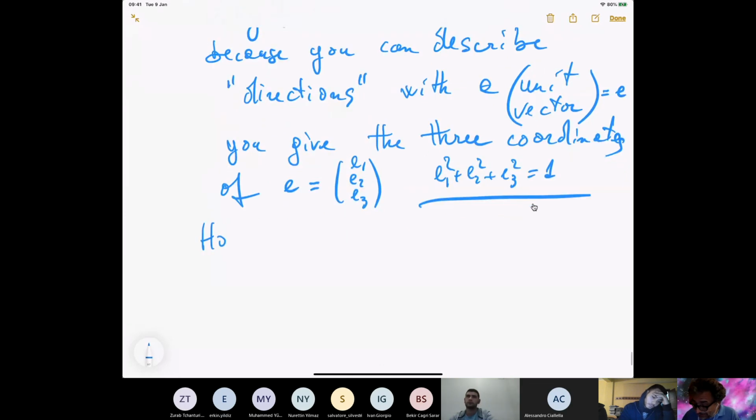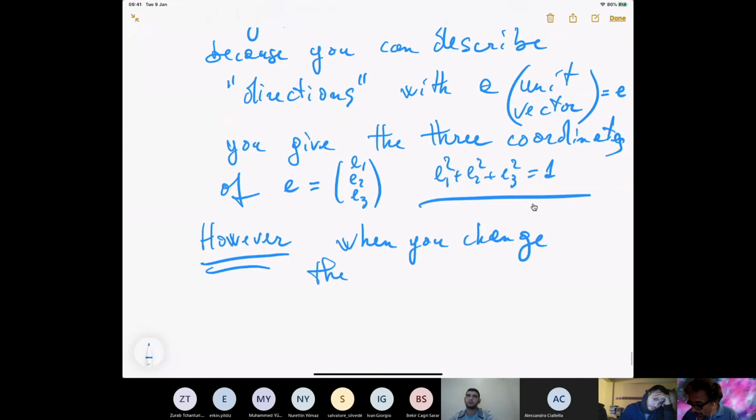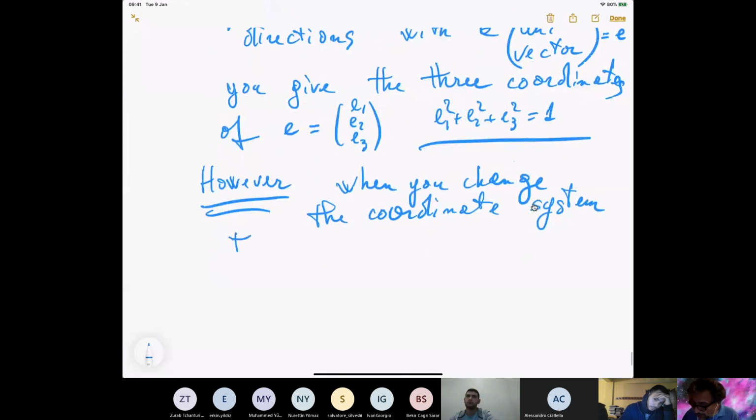However, when you change the coordinate system, the components of a vector change.